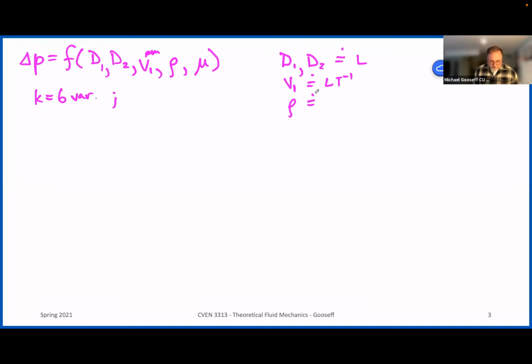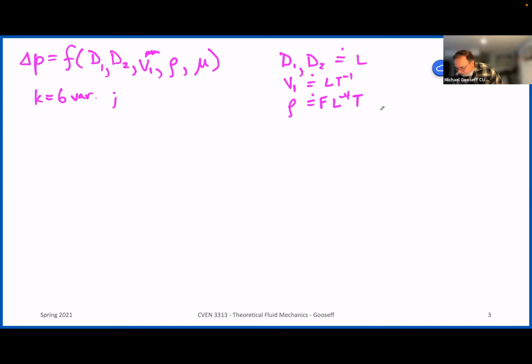Let me find that value real quick. I think we wrote it the other day at the end of class on Thursday. There it is. Okay, F, force, length to the -4, time squared.